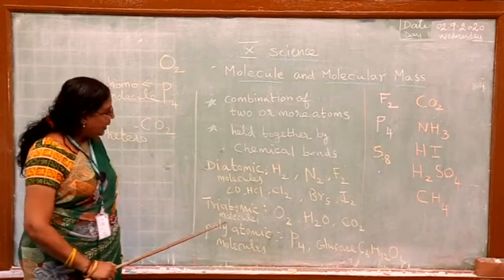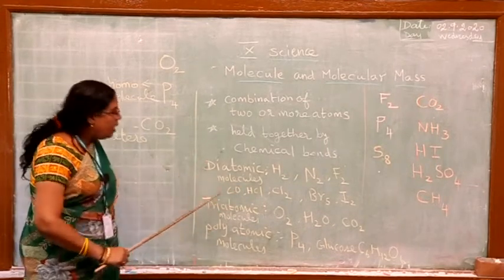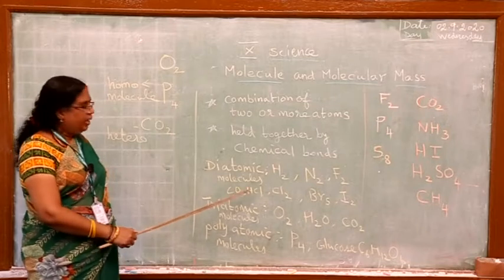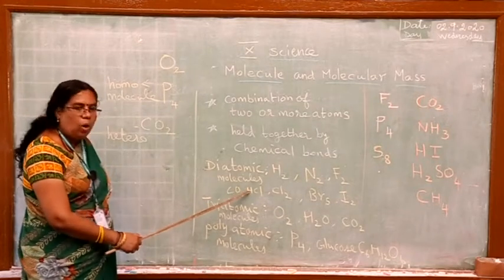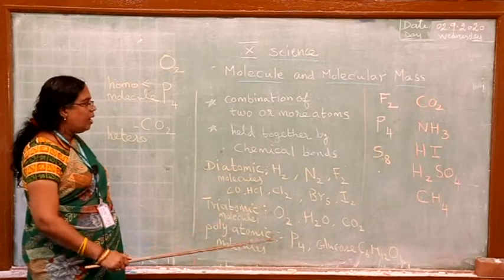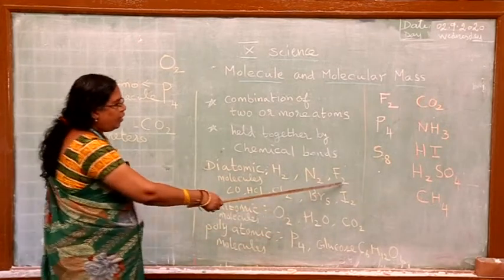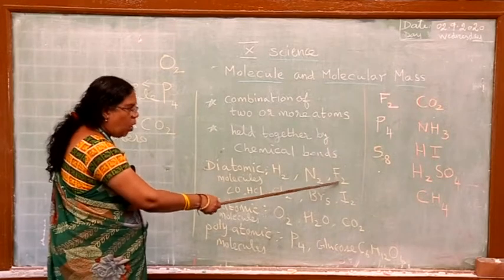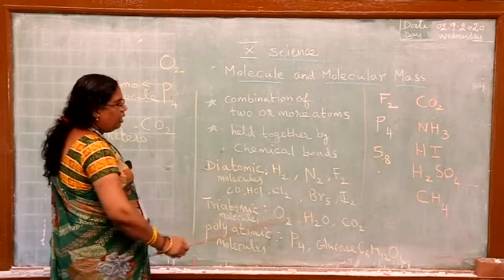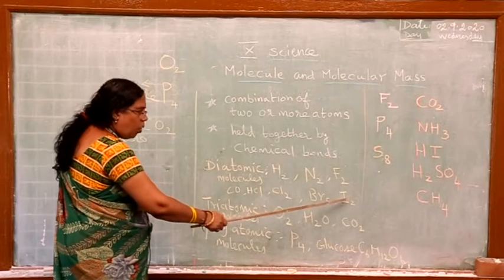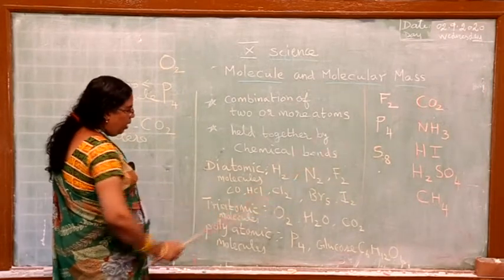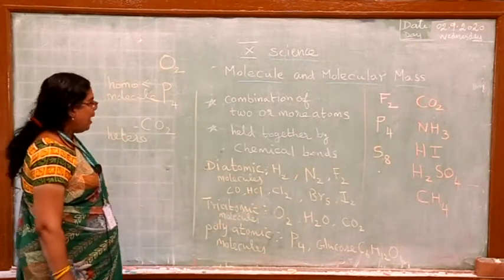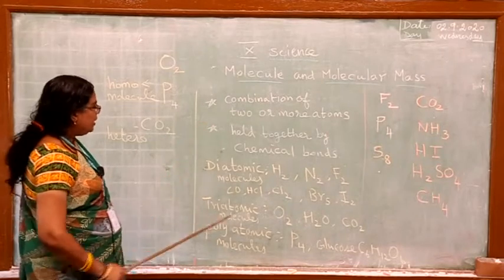So we can call it a heterodiatomic molecule. HCl is also a heterodiatomic molecule. F2, fluorine, we can call a homodiatomic molecule, iodine, homodiatomic molecule.